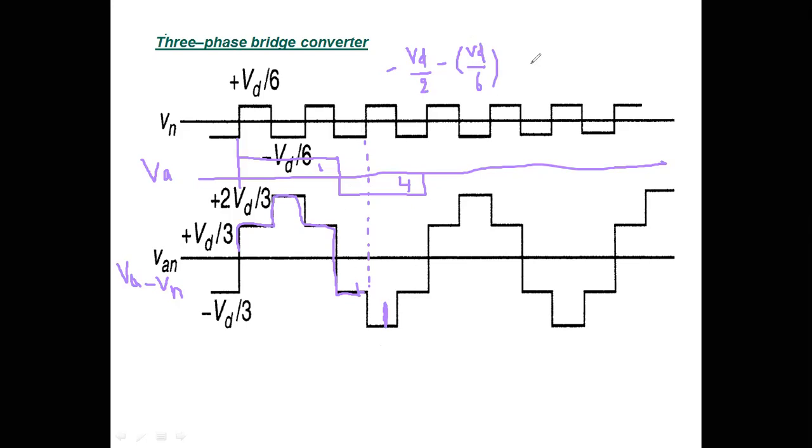But for this one, minus Vd by 2, this voltage itself is already minus, so that minus Vd by 6 you will get, so this you will get positive. Minus Vd by 2 plus Vd by 6, that's why this is decreasing less than minus Vd by 2. So if you calculate from this one, you will get minus Vd by 3.